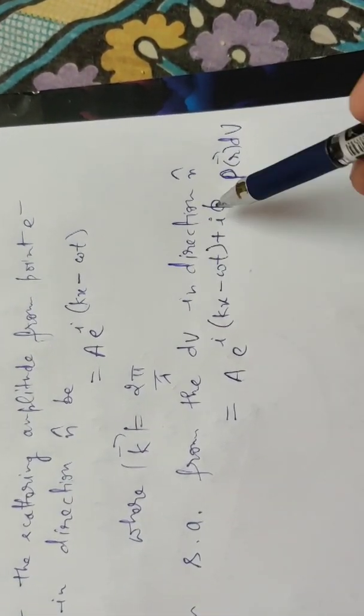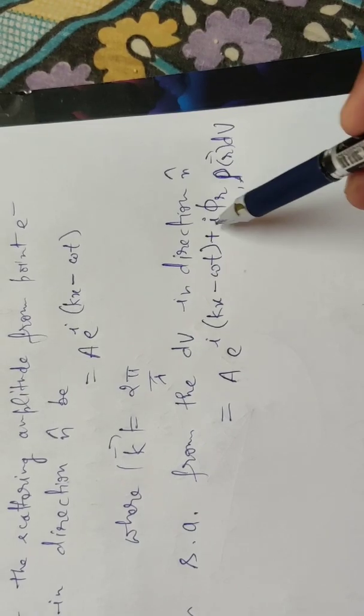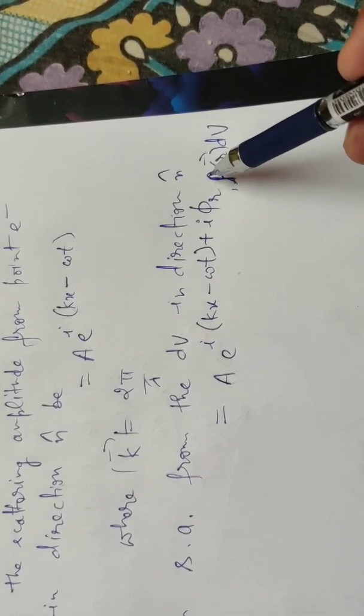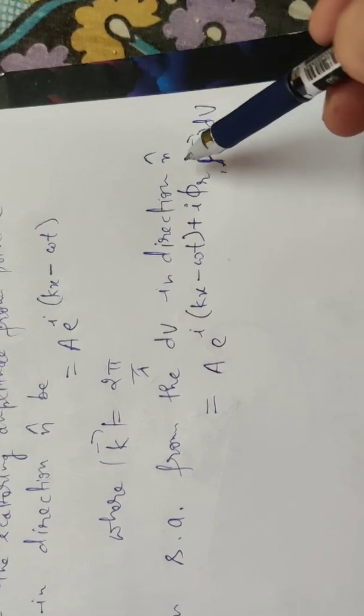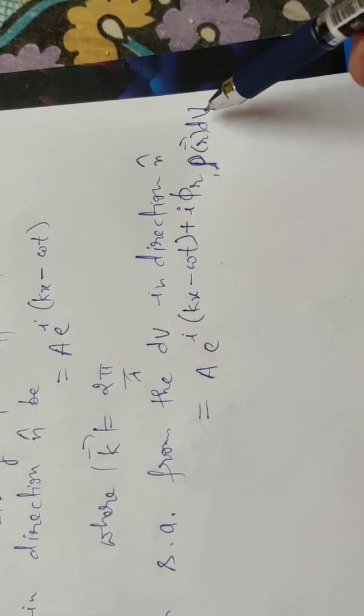This is the same, but there will be a phase difference of this magnitude, and there will be the volume charge distribution of that electron in the volume element dv.